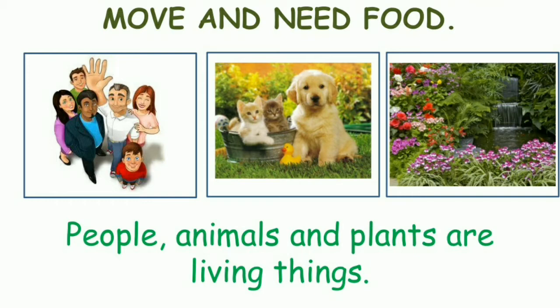So here we can see animals, people, and plants are living things because they all need food to grow, and they all move and can breathe. Plants can breathe, and animals and humans can also breathe.